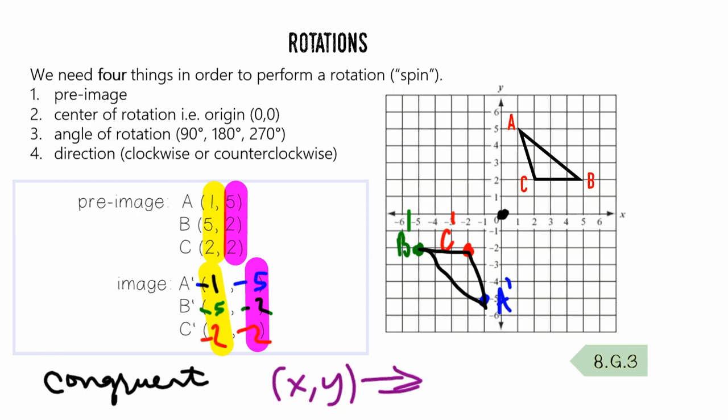So what has happened to our x and our y values? It looks to me like we have ended up with the opposite of x. Yes, all of these points became negative, but we're going to be really careful that we don't say -x.